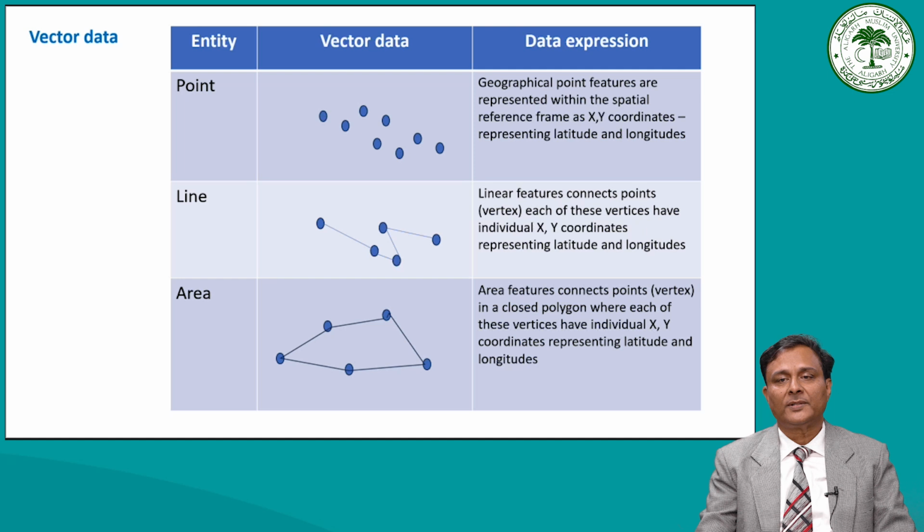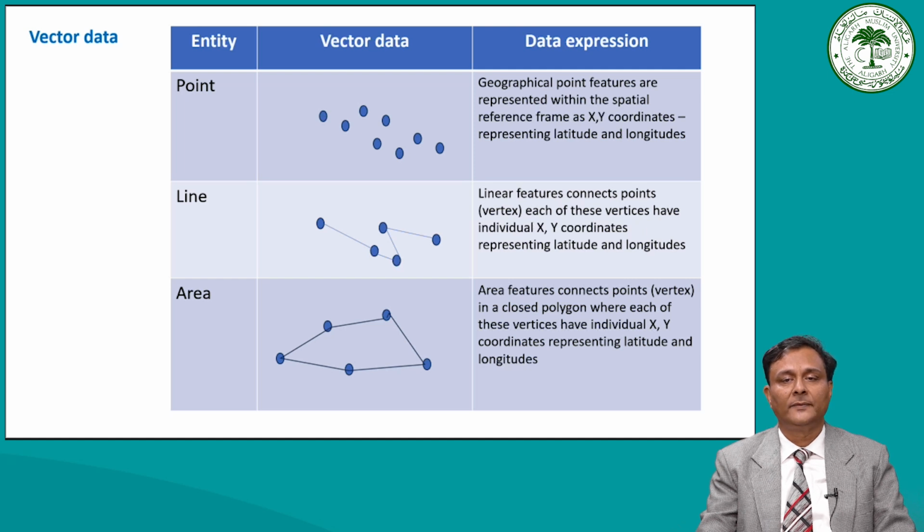All of them are represented by vertices. A point is a specific location which is specified as an XY coordinate in the Cartesian coordinate system. In the geographic coordinate system, we may call these XY coordinates latitude and longitude. Similarly, a line is represented by a sequence of connected points known as vertices.